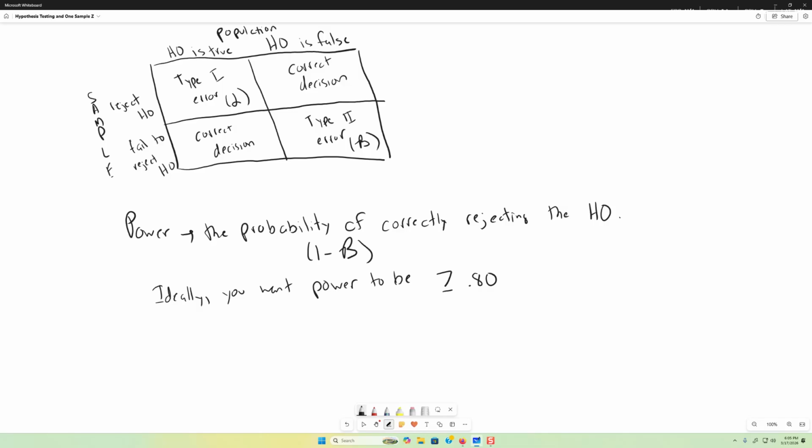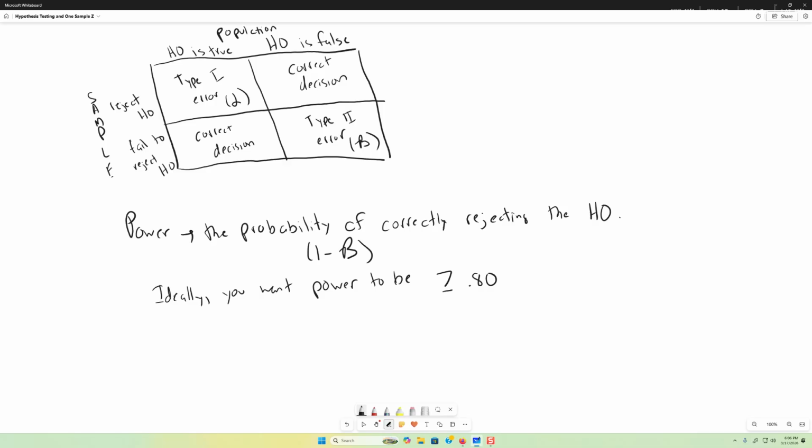Now, why is that a problem? Well, samples are not always the same as populations, right? You can have a better sample or maybe not as representative of a sample. So that's why I want this power to be greater than or equal to 80% or 0.80, because at least I have an 80% chance of finding the result in my sample if it exists in the population. And that's the goal.